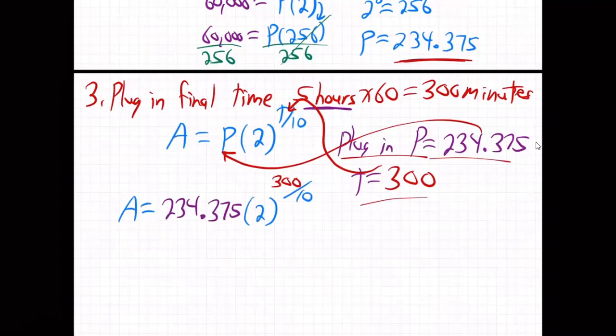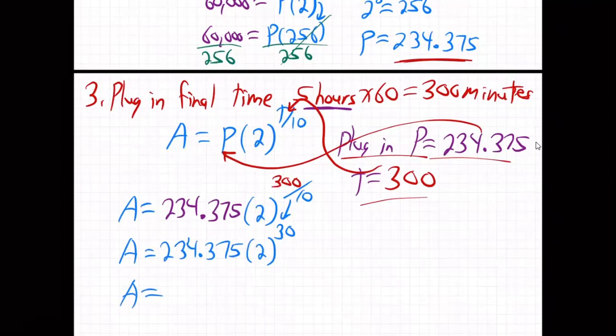I plugged in the time, 300 minutes, that's 5 hours later, and I plugged in the P. Now, this is 234.375 times 2 to the 30th power, right? 300 divided by 10 is 30. All right. And then hit the buttons on your calculator.